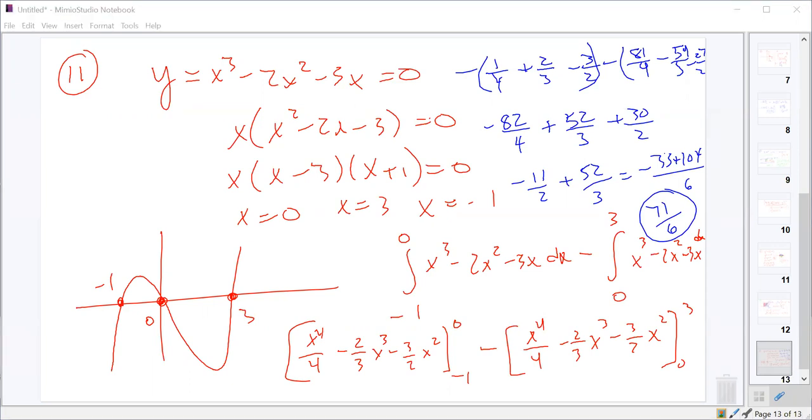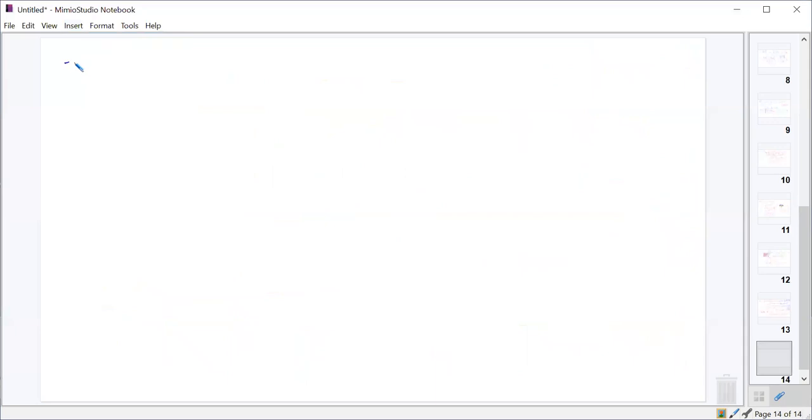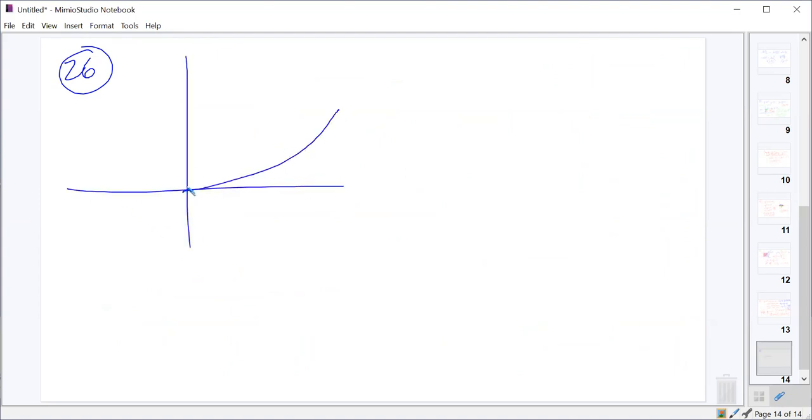All right, next one, 16. We already did. 17, we already did. All right, next one, 26. All right, 26. The base of a solid is the region bounded by the parabola x squared equals 8y, which is just 1/8 x squared.